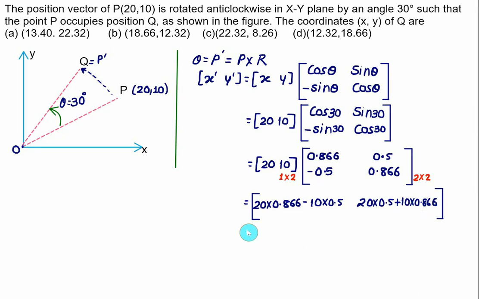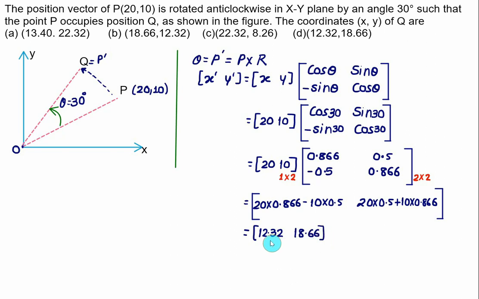So just solve this: 20 into 0.866 minus 10 into 0.5 is equal to 12.32, and 20 into 0.5 is 10 plus 8.66, that will be equal to 18.66. So we have 18.66.